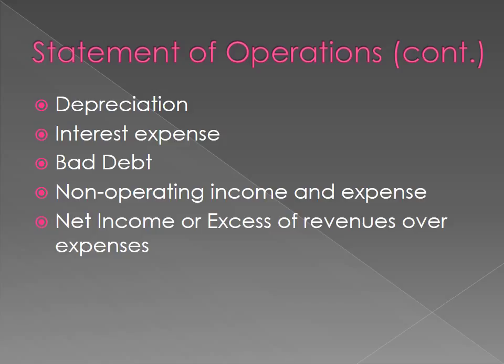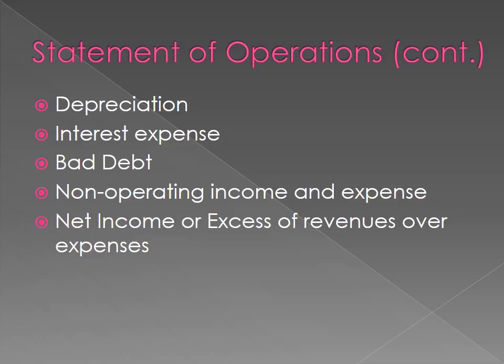And the amount of depreciation is determined by accountants, again, for buildings and things. Typically, they're depreciated out over 40 years. If it is a piece of equipment, depending on the equipment, it could be anywhere from 3 years to 10 years.